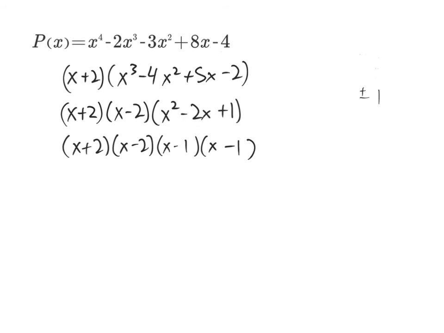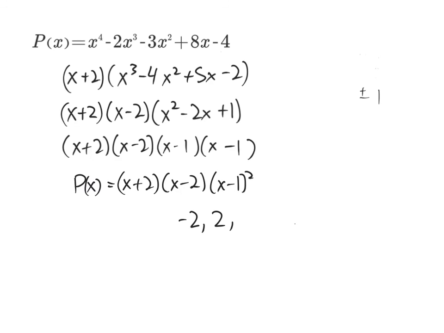So p of x factors out to be x plus 2, x minus 2, and then x minus 1 squared, which means that my zeros, or my roots, are going to be negative 2, 2, and 1. And if you remember, 1 has a multiplicity of 2, but it just asks for the zeros. So there are my zeros, and this is it factored.